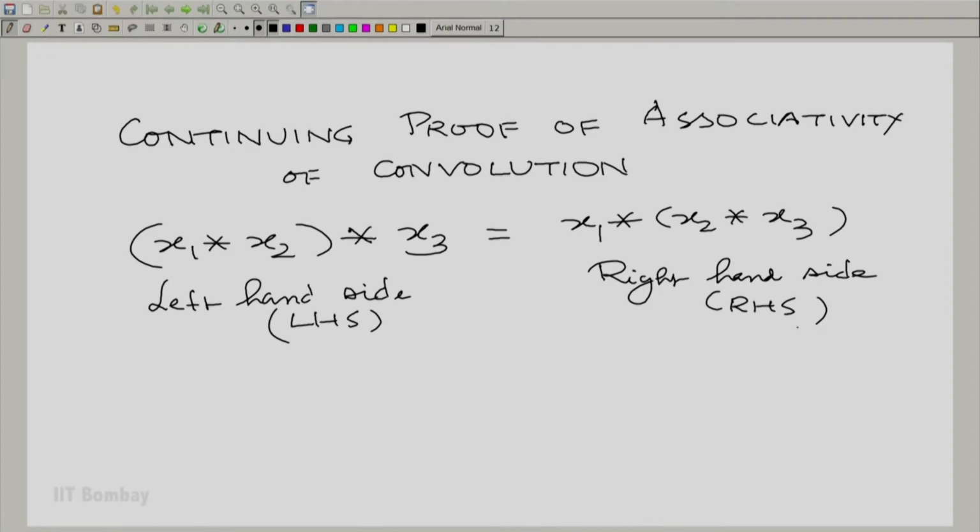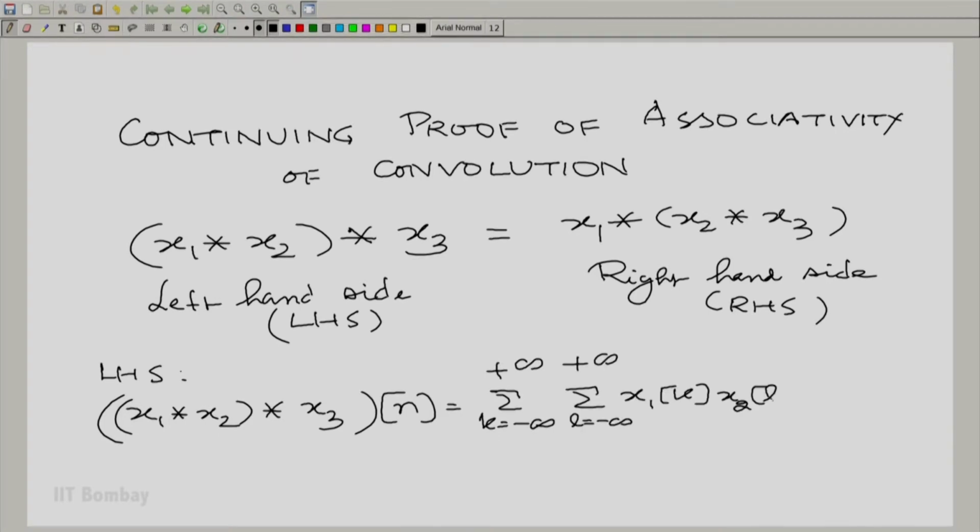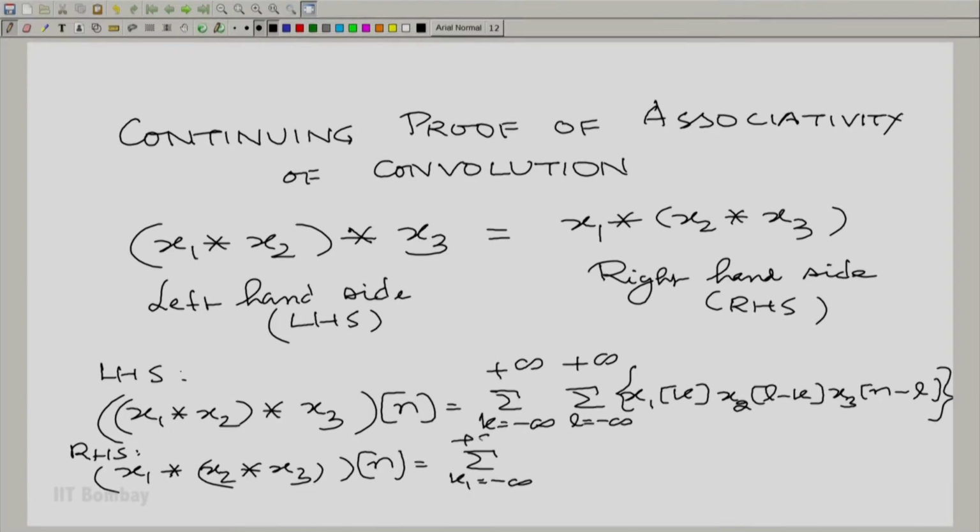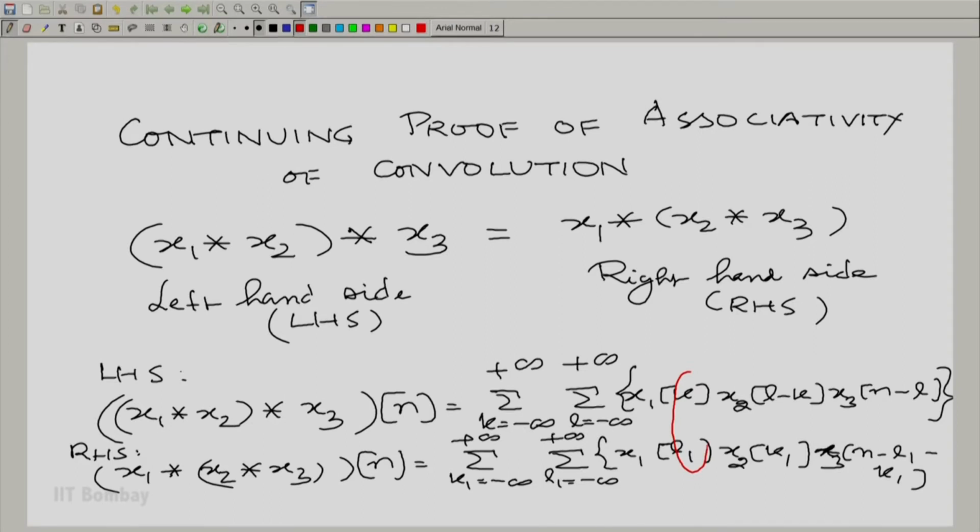Now, the left side evaluated at the point n is essentially summation over k and summation over L, and the right hand side, again evaluated at the same point, is summation over k1 and summation over L1. Now, we need to make a correspondence here, and that is what we are going to do. The correspondence between k and L1 is clear, and we also need to make a correspondence between L minus k and k1.